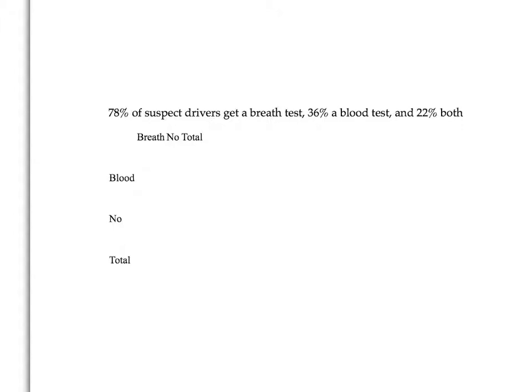And I'm told that the percent that get a blood and a breath, and that would be right here where these two meet, is 0.22. I know the total is going to be 1. And the total number of ones that get a breath test is 0.78, and the total that get a blood test are 0.36.